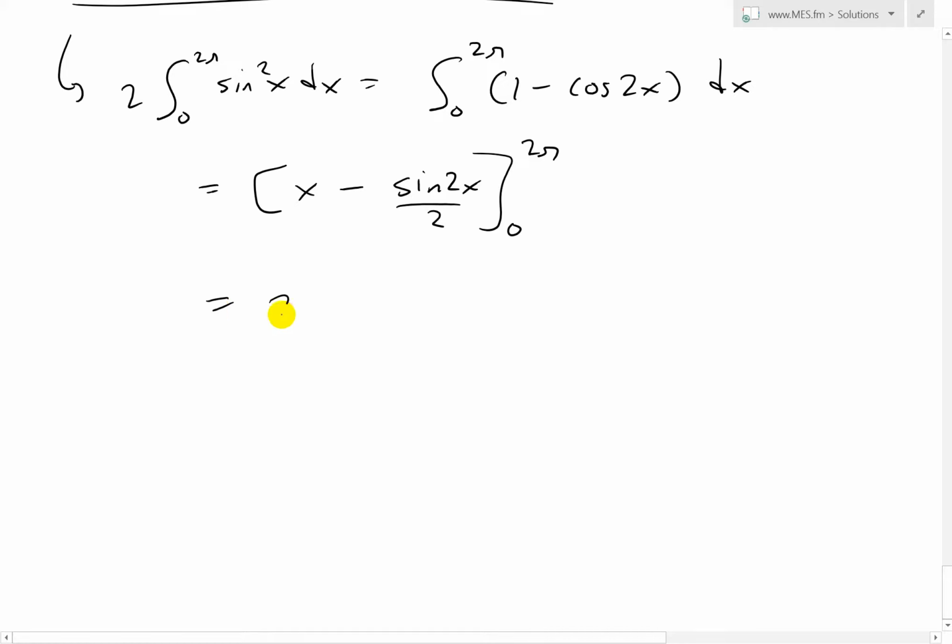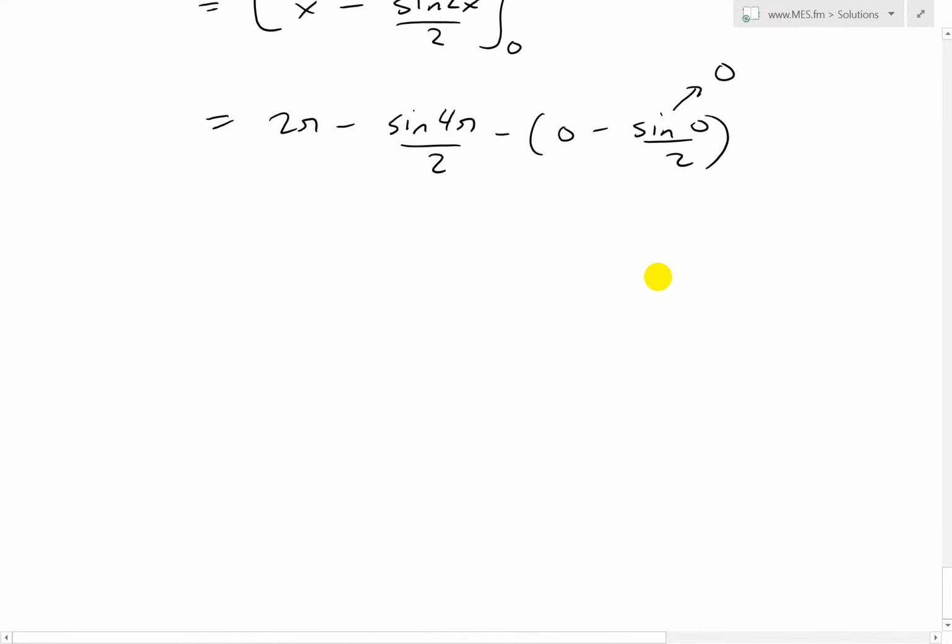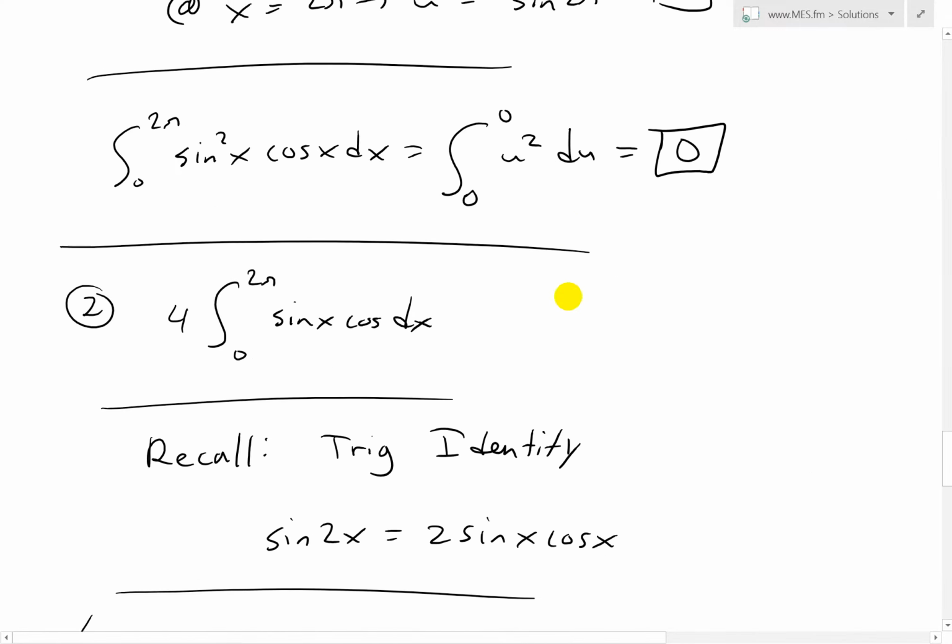So this equals 2 pi minus sine of 4 pi divided by 2, and then minus 0 minus sine 0 over 2. Again, I showed sine 0 is just 0, and for sine 4 pi, let's go back up to that curve.